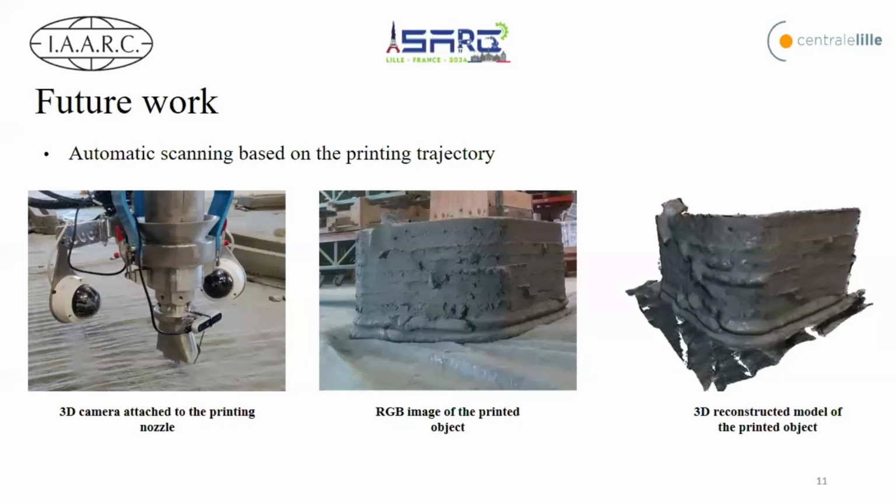So after the printing itself, we can move around the object and reconstruct the 3D model, and hopefully after that also plan the surface finishing steps. That's all from my side.